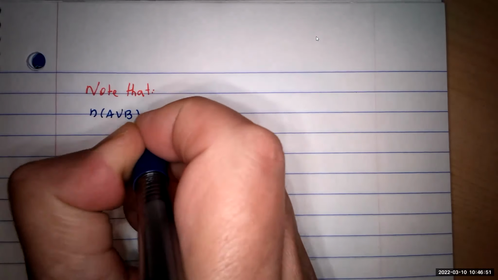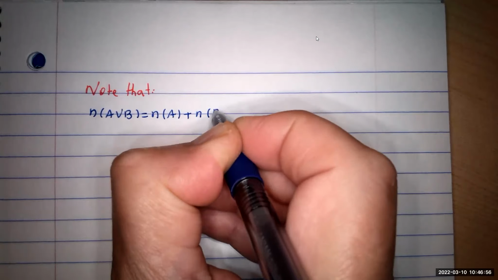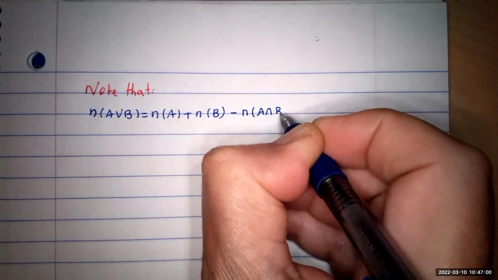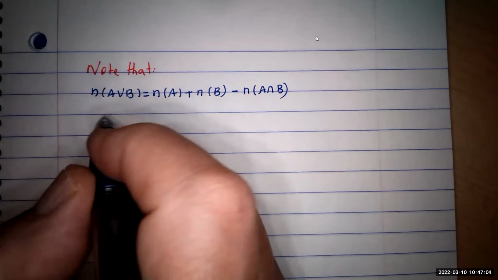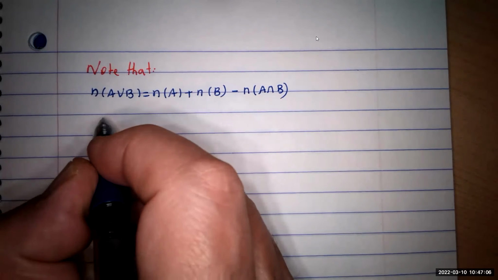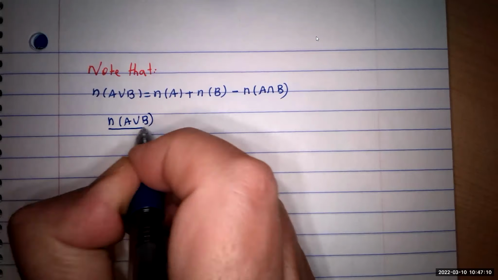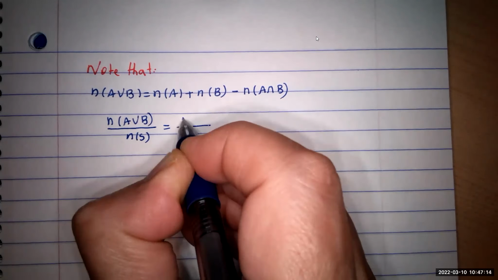I started again for the two sets: the number in A union B equals the number in A plus the number in B, minus the number in A and B, divided by n of S, the number in the sample space. So that gives n of A union B divided by n of S is equal to n of A.